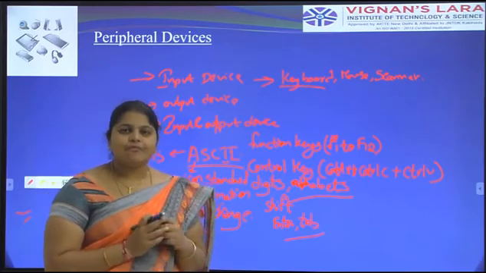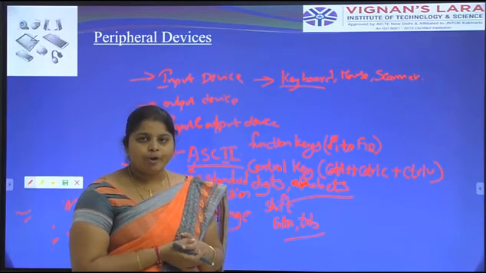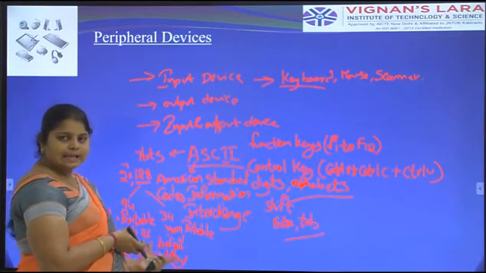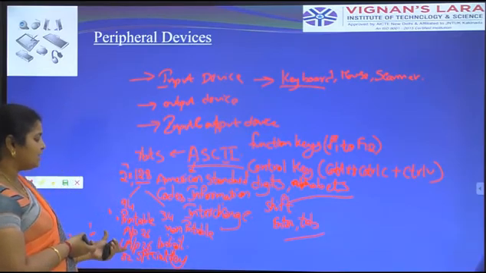It consists of 94 keys. 34 are non-printable. That is coming from ASCII, American Standard Code for Information Interchange.